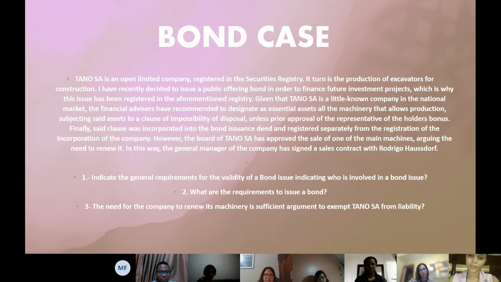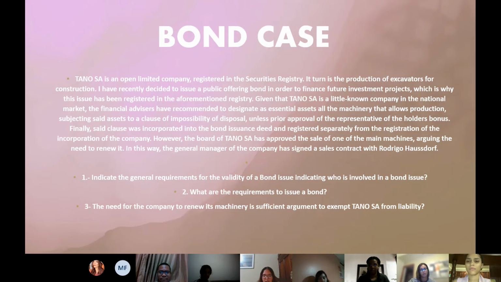Given that Tano SA is a little-known company in the national market, the financial advisors have recommended designating as an essential asset all the machinery that allows production, subjecting the said asset to a clause of prohibition of disposal, unless prior approval of the representative of the bondholders. Finally, the said clause was incorporated into the bond issuance and registered separately from the registration of the incorporation of the company.